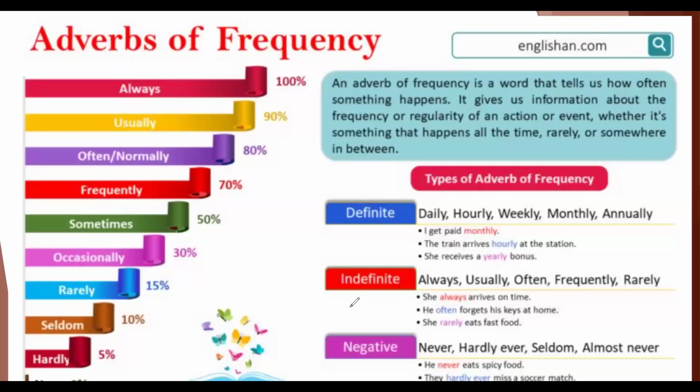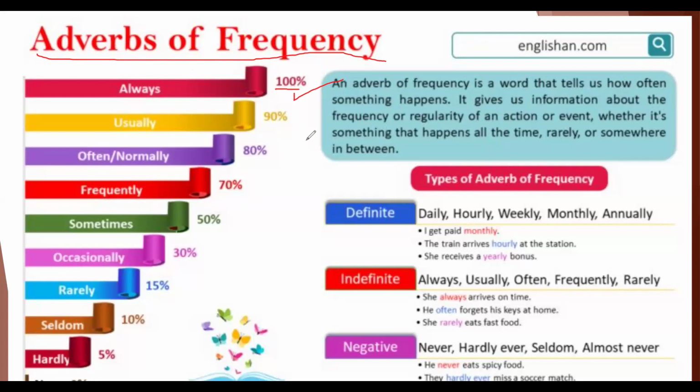Okay, this topic is really important because you need to know how to express how often you do things, okay? These are called adverbs of frequency, adverbios de frecuencia. And we have always, that represents 100% of what you do.